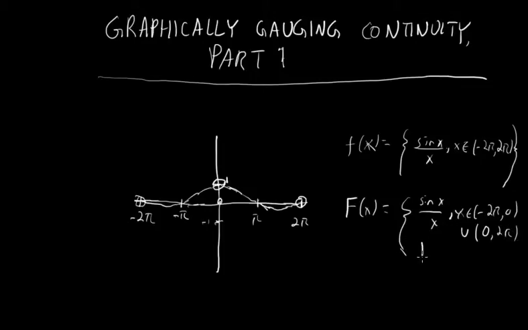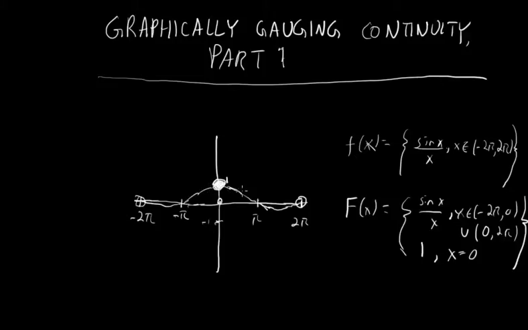And it's going to be equal to 1 when x equals 0. So this new function is the same as the original function, the only difference being with this hole filled in. So this new function is indeed continuous at x equals 0.